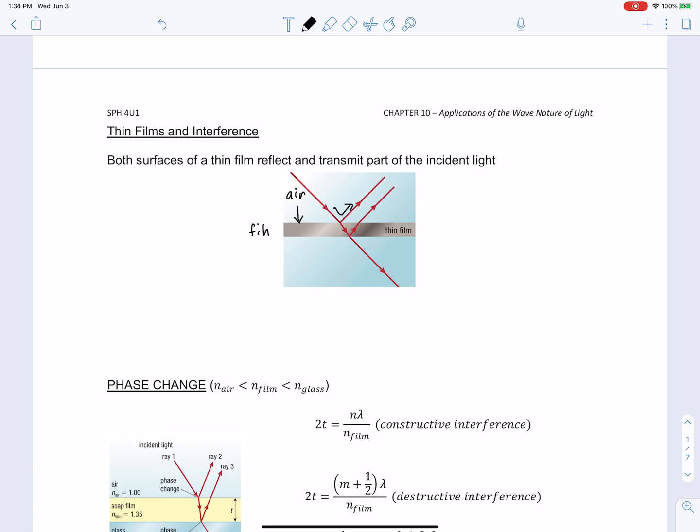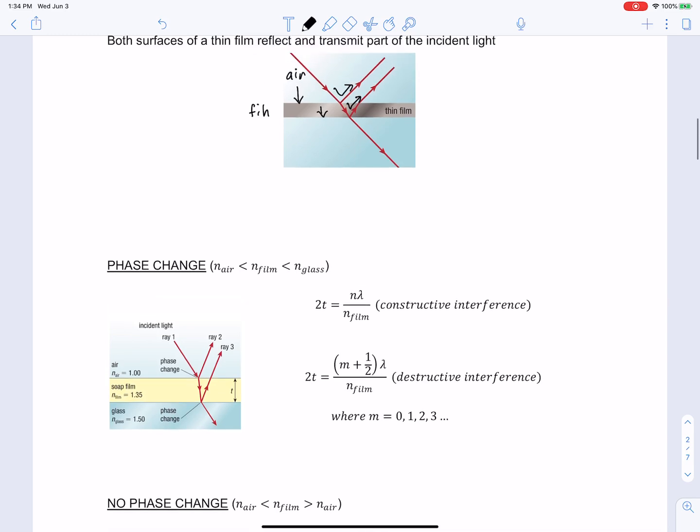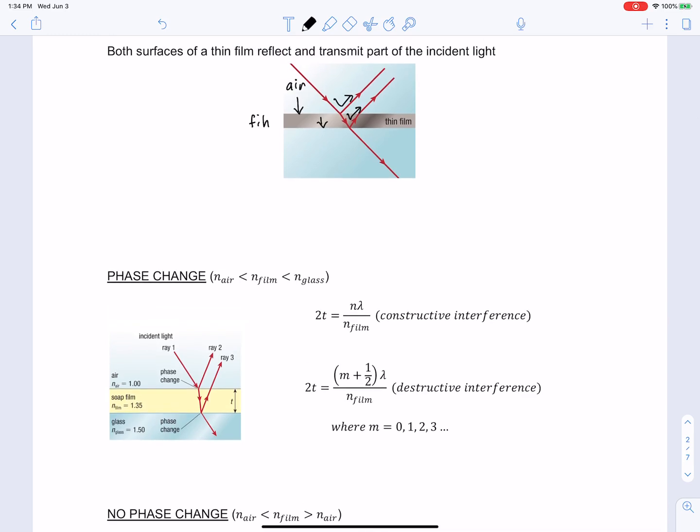Similarly, the second surface, which is the film and the third medium interface, also causes a reflection. Now, consider when the indices of refraction for these three layers, 1, 2, and 3, are increasingly more optically dense.